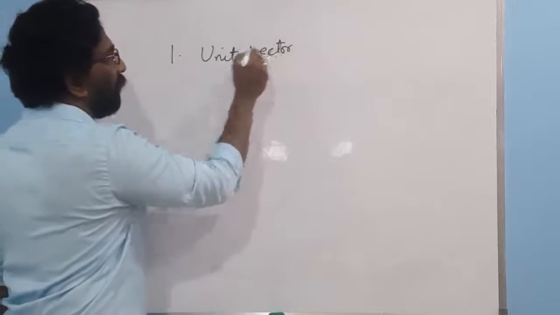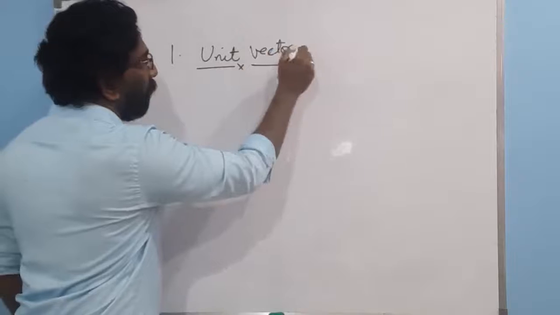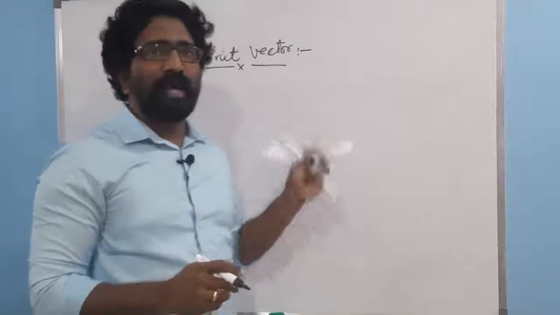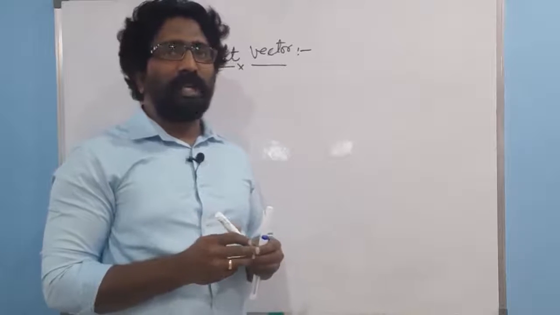Unit vector. We know that a unit vector is a vector whose magnitude is 1. Whose magnitude is 1, we call it a unit vector.